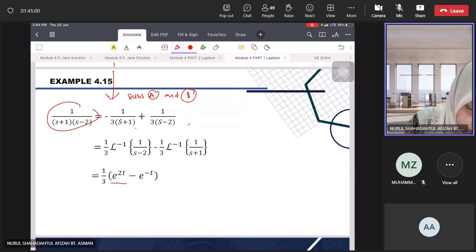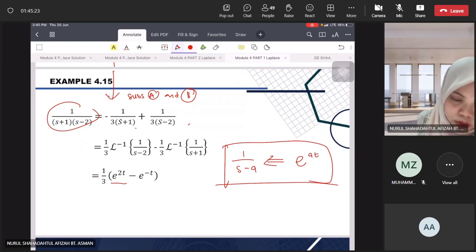e to the 2t minus e to the negative t, because by referring to the table, 1 over s minus a is e to the at. So this one is from the table.